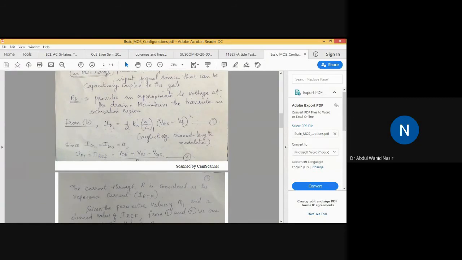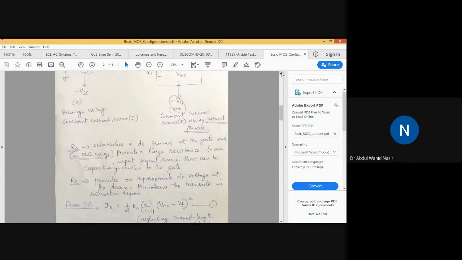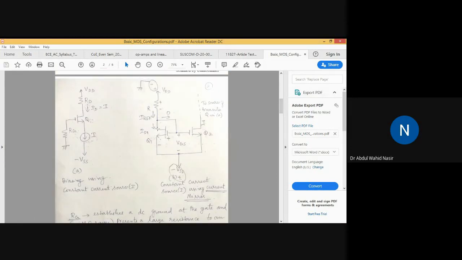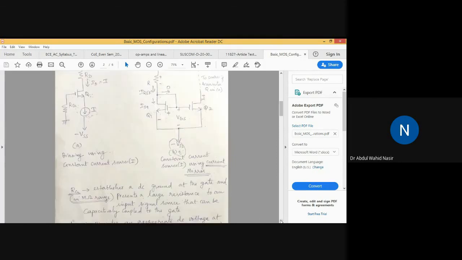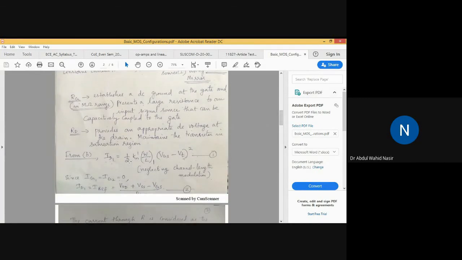The drain current for transistor 1, ID1, can be written as represented here: ID1 is equal to half Kn dash into (W by L) suffix 1 into (VGS minus VT) whole square. So this equation we can write if we neglect channel length modulation.